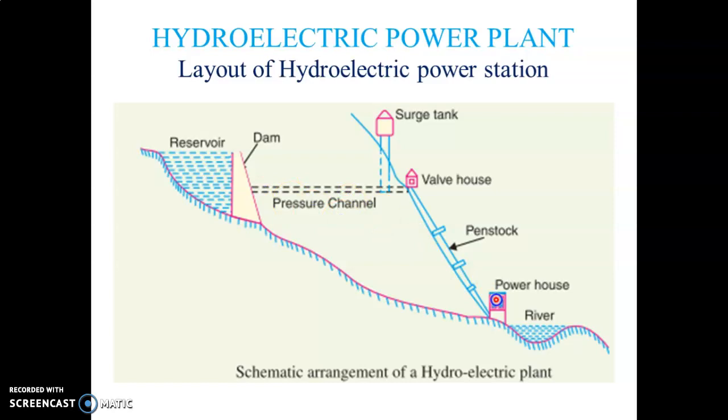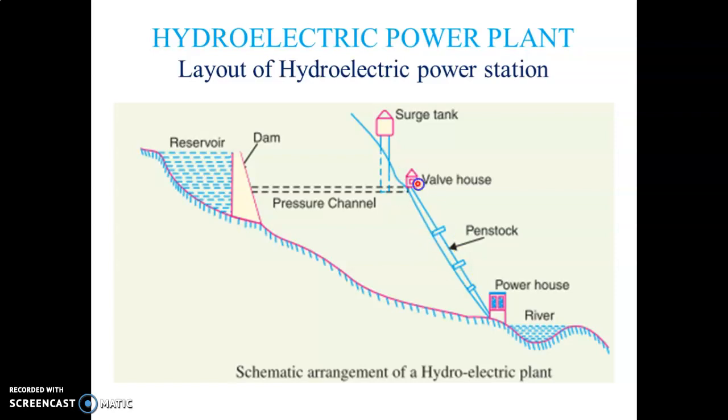In a smaller hydro station, the size of the penstock is small, like a small tube. But in a larger hydroelectric station, it looks like a big tunnel. For example, in the Idukki hydro station, the penstock looks like a big tunnel, and it is kilometers long.